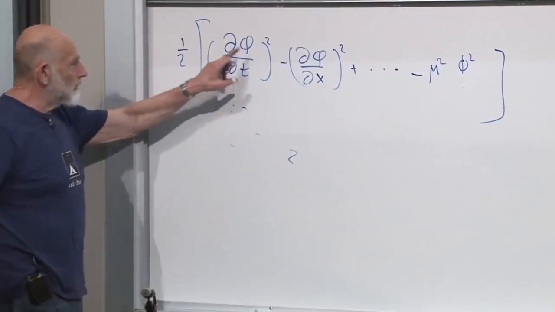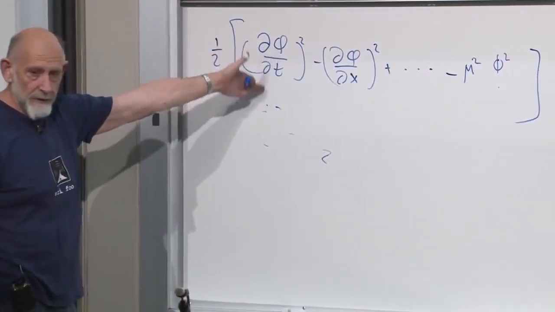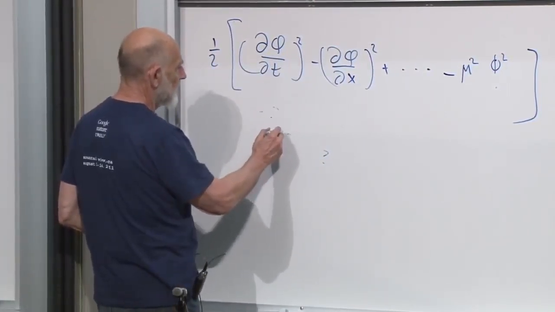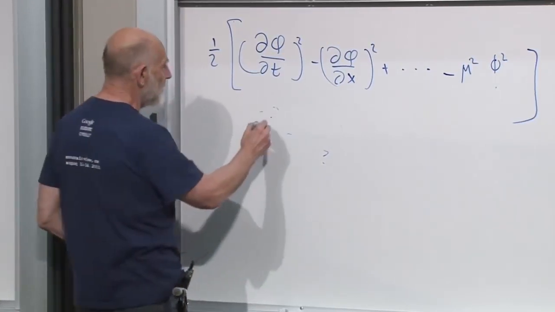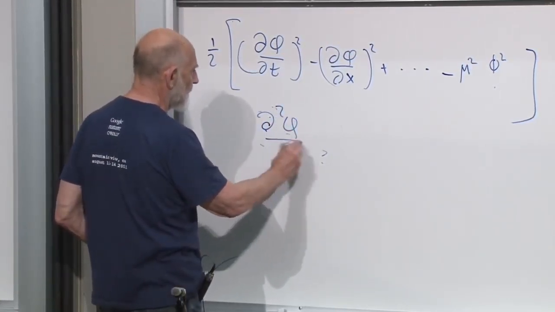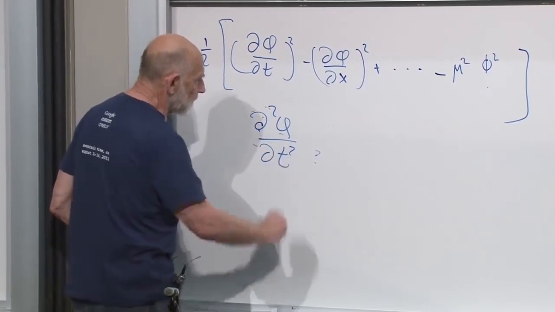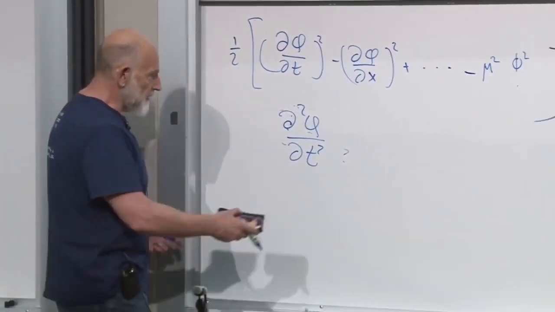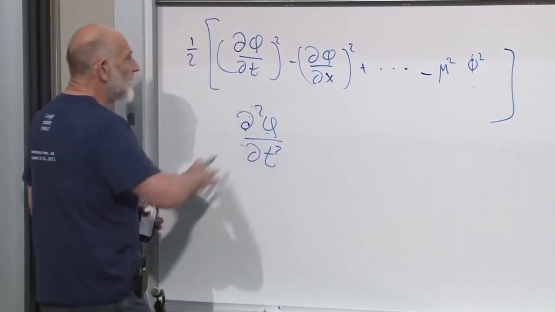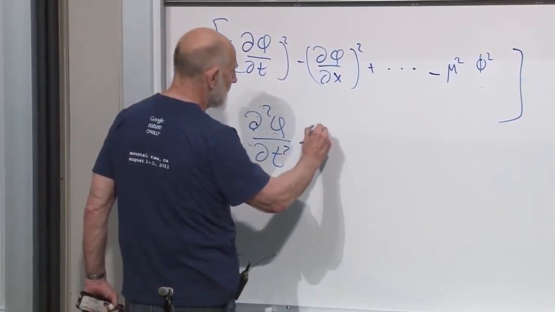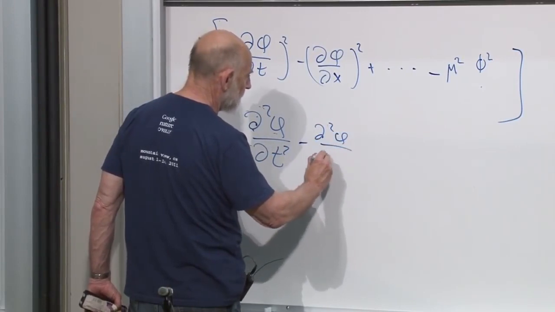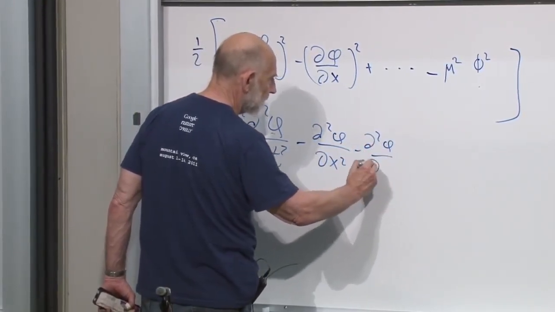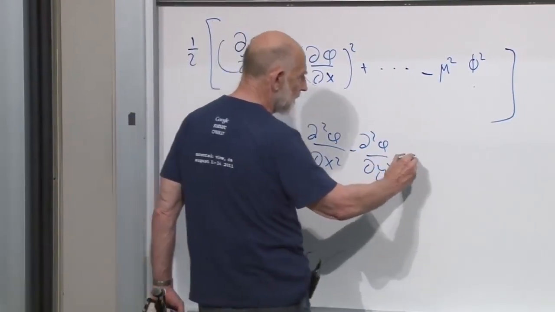Well, first of all, the derivative of L with respect to the time derivative of phi is just d phi by dt. Then we differentiate it with respect to time. We get the second derivative of phi with respect to t squared. This, of course, is the analog of the acceleration term, the acceleration in F equals ma. But then we get minus d second phi by dx squared, minus same thing with y, minus same thing with z.